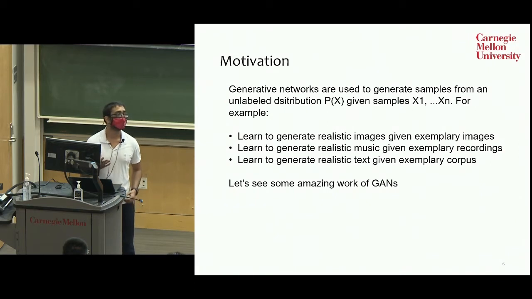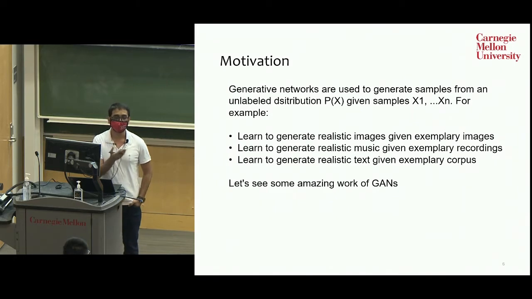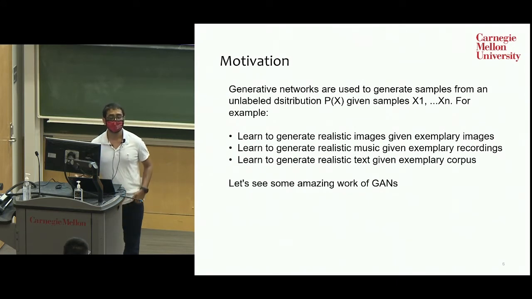And even in the last few lectures, you saw VAEs, how you can generate new images given an input image. That's something similar which GANs also do, but in a different manner.